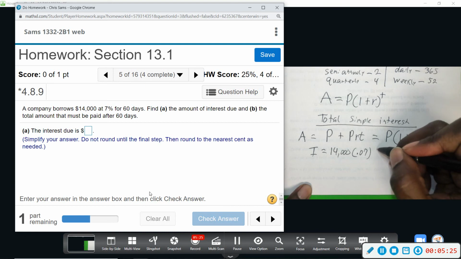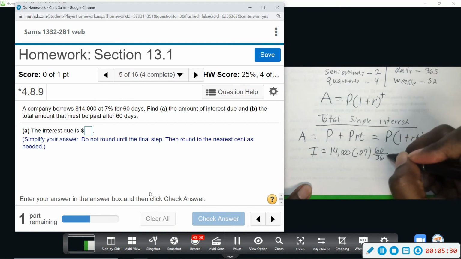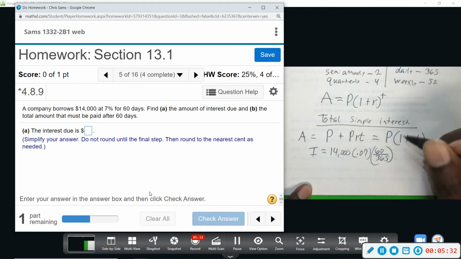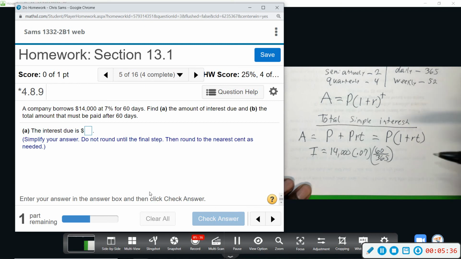And then it's 60 days, so 60 divided by 365. Do not try to convert this to months. I know there's 30 days in a month, but some months have more, some have less. So if they give you days, you're going to use the days, because that small change will throw the answer off. So leave it as days.